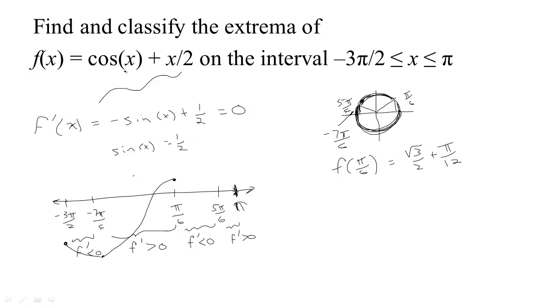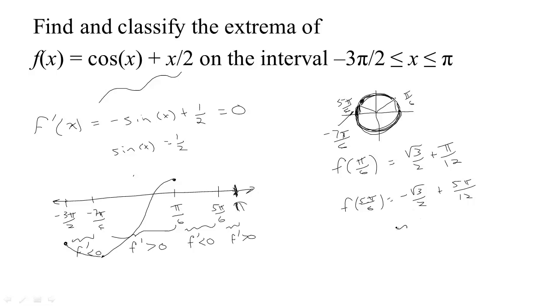At 5 pi 6, let's see, f of 5 pi 6. The cosine is negative root 3 over 2, and then we're adding 5 pi 6 over 2, so that would be 5 pi 6 over 12.